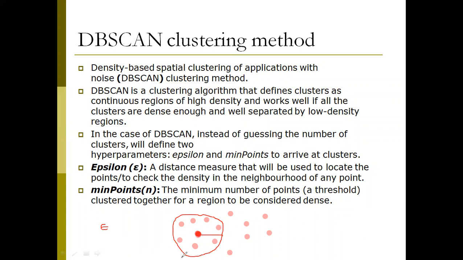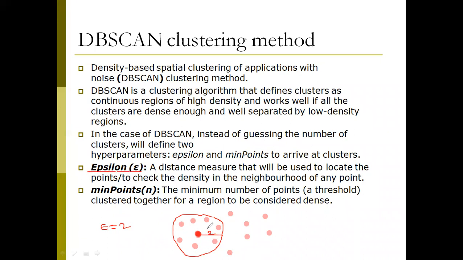This is how we have drawn this circle, based on epsilon. Assume this epsilon is 2 centimeters. By taking the radius, you may call this epsilon a radius.